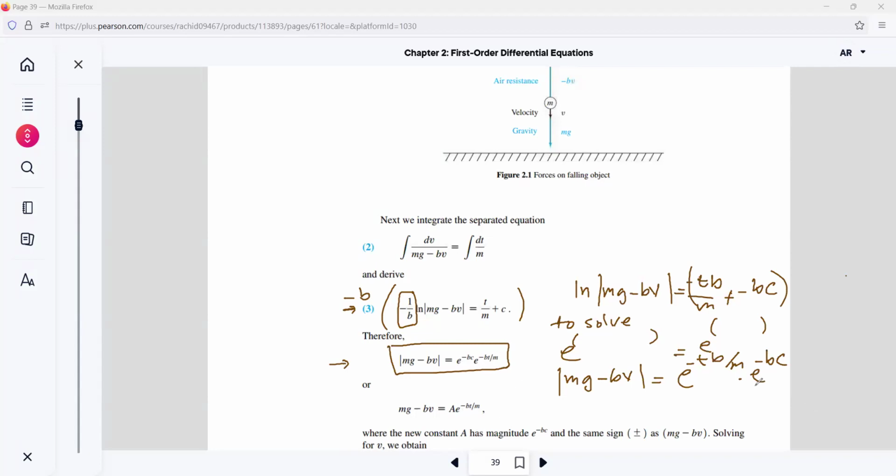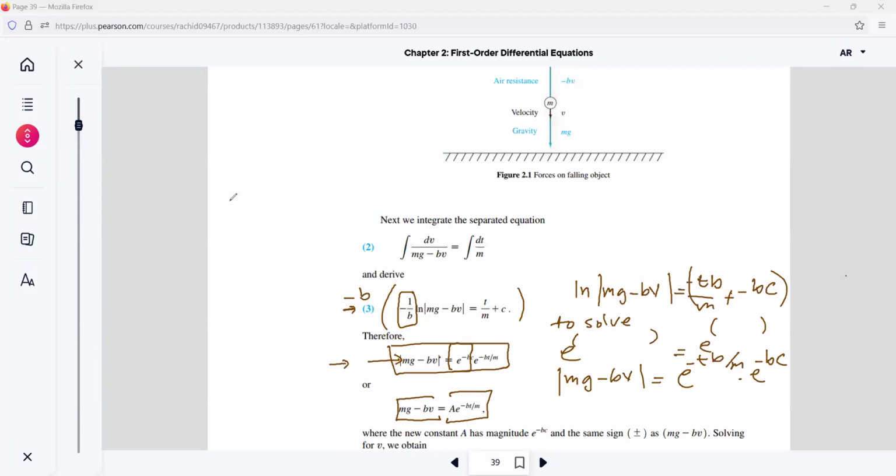One thing here that we need to know, of course, in general, because this is a falling object, for this object to fall, this is going to be positive, and you have a constant A. What is the constant A here? The constant A is this e to negative bC, but also, even if you're not sure what you're going to do with the absolute value, you can say, I'm going to put a new constant there that's going to have the same sign as this.